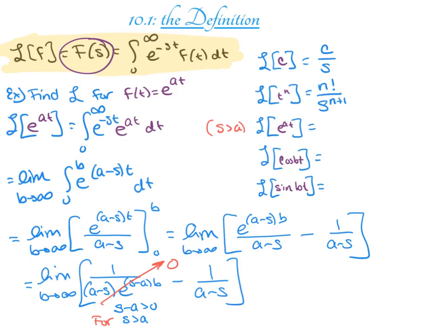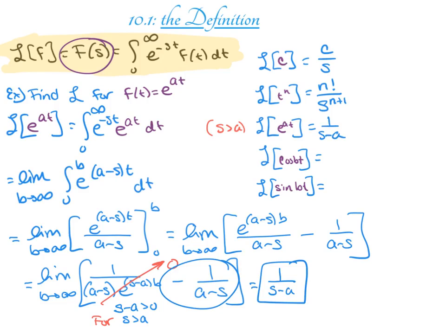Okay, if we can make that stipulation that s is bigger than a, so that s minus a is positive, then we have just this as our result. And I'm going to rewrite negative 1 over a minus s as 1 over s minus a. So the Laplace transform of e to the at is 1 over s minus a.